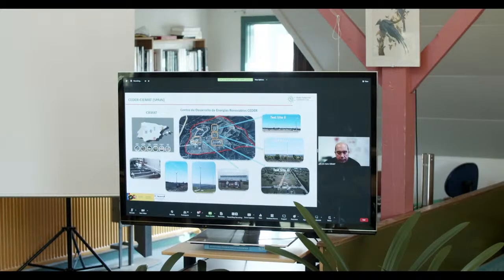Here are some pictures of our facilities. Here is a blade test bench.